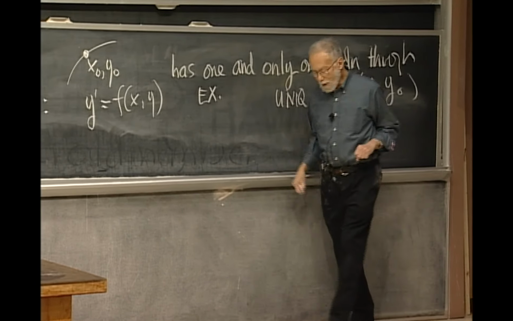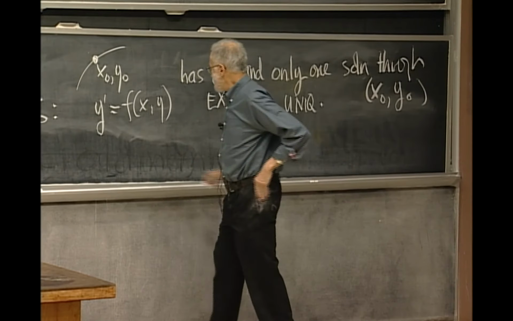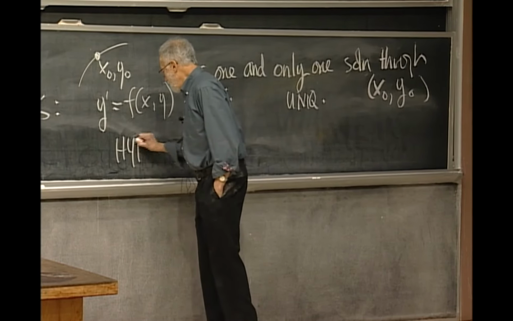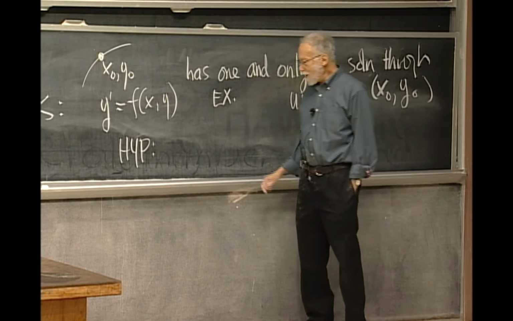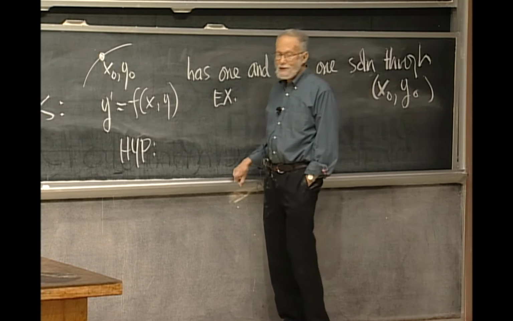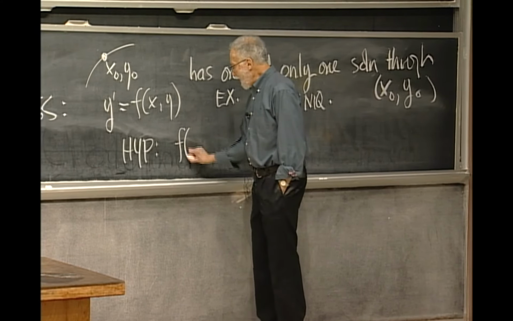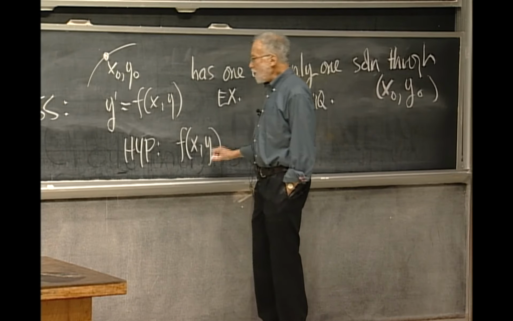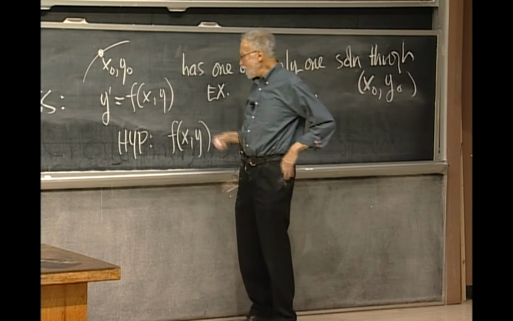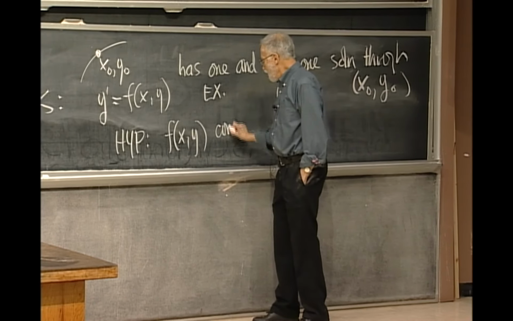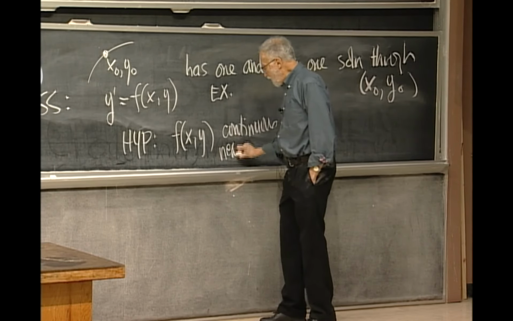Now, like all good mathematical theorems, this one does have hypotheses. This is not going to be a course, I warn you, those of you who are theoretically inclined, very rich in hypotheses, but you do have to know them. The hypotheses for this one are that f of x, y should be a continuous function, like polynomials, sines, stuff like that, continuous near, in the vicinity of that point.